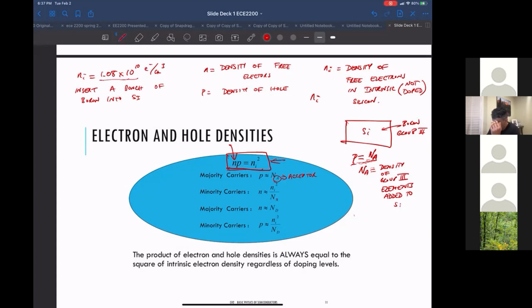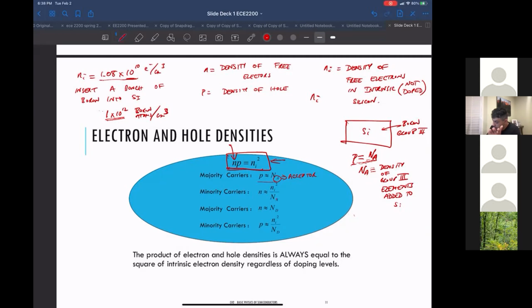So I could put in, say, 1 times 10 to the 12th boron atoms per centimeter cubed in this same semiconductor. Then the number of holes would be equal to this, which is 2 orders of magnitude more than that. So I could just say the number of holes is equal to the density of these acceptors.